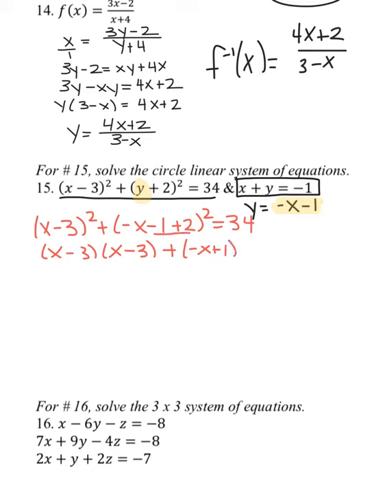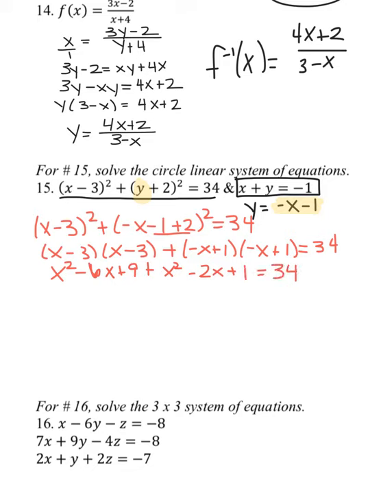Negative x plus 1 times negative x plus 1 equals 34. So this is x squared minus 6x plus 9 plus x squared minus 2x plus 1 equals 34.